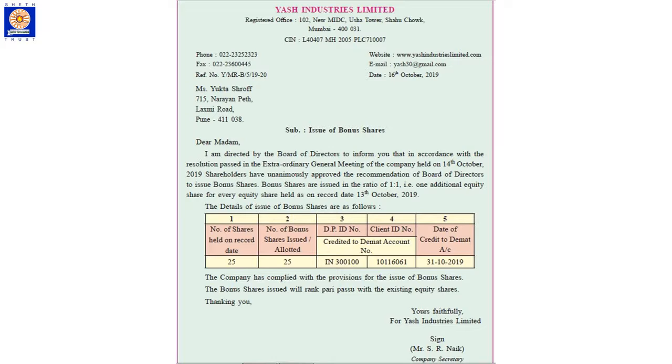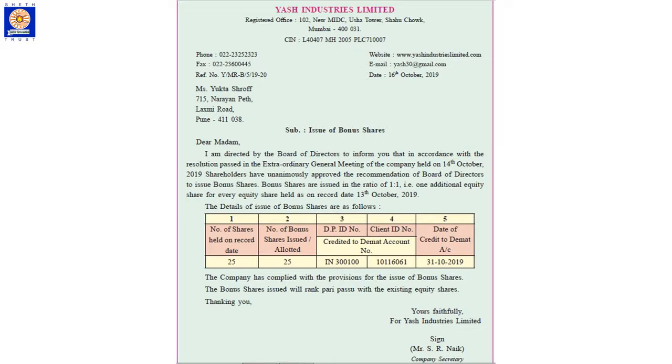The third column is the DPID number, that is a depository account, and the client ID number, IN 30000100 to 10016061. Now students, this number is actually a Demat account number.